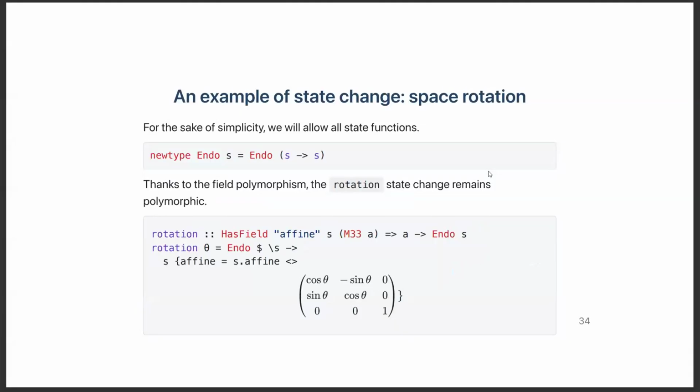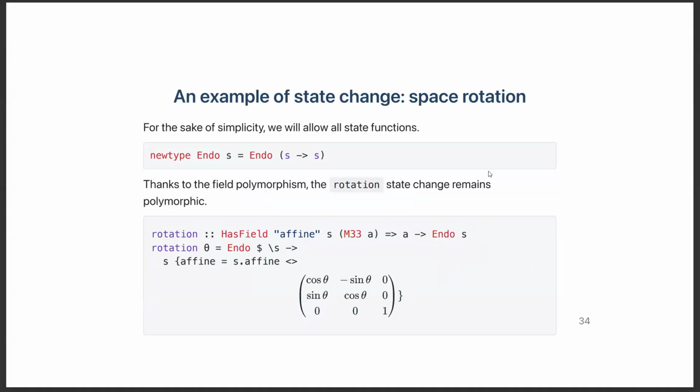So today, for the sake of simplicity, I'm only going to use the state functions for state changes. And here, for instance, the rotation is a state change. We can implement it by simply multiplying a rotation matrix with the current state. But what's interesting here is that I use field polymorphism.